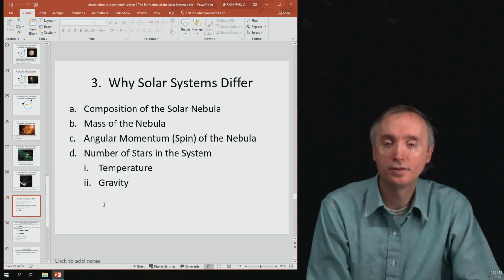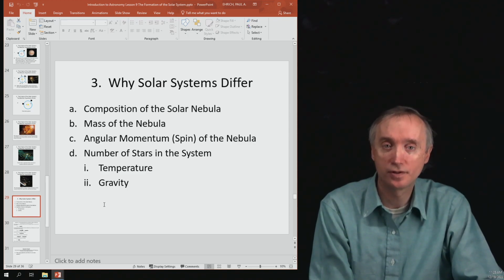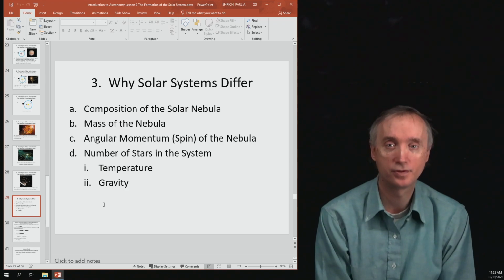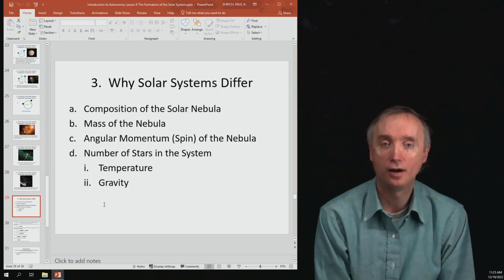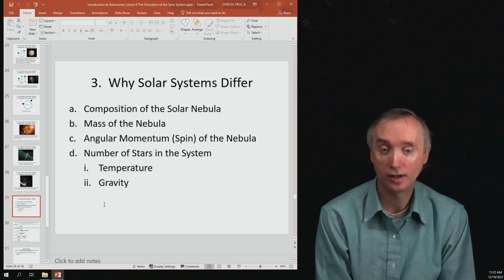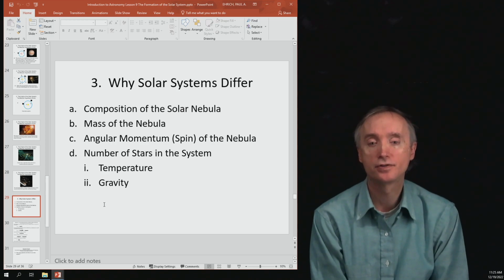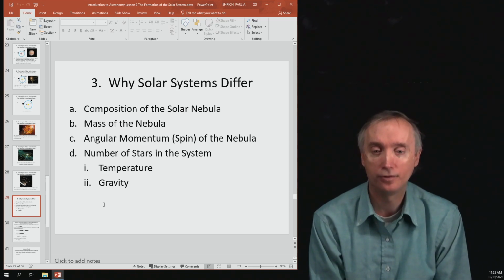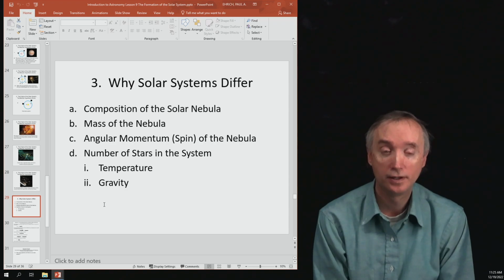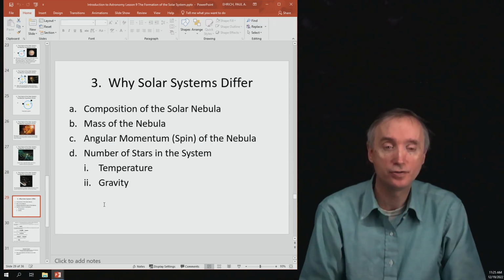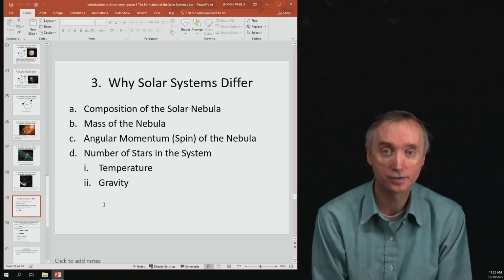So what is it that causes solar systems to differ? It's going to depend on what you had to work with. What was the composition of the original gas cloud that formed the solar system? It also depends on the mass of that cloud. If the mass of that cloud is too small, then it doesn't have enough gravity to pull it in and turn it into a solar system in the first place.